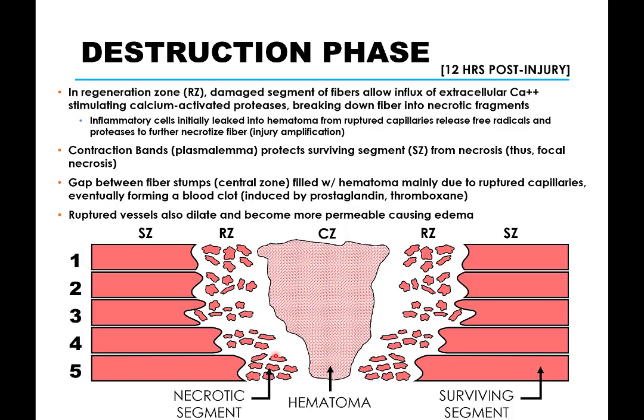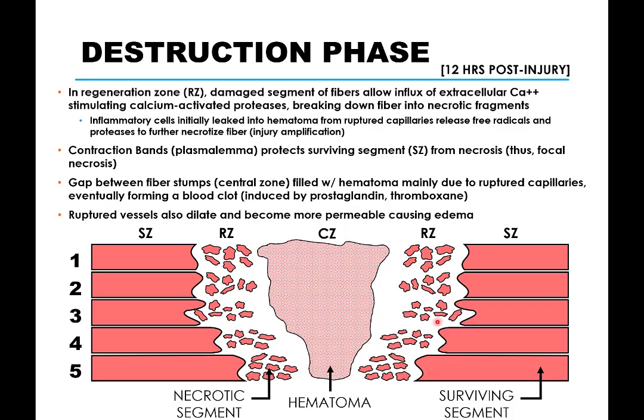So what protects the undamaged area of the muscle fibers? As I indicated earlier briefly, new plasma membrane, aka contraction bands, form and protect the remaining undamaged portions of the muscle fiber from degradation and necrosis.